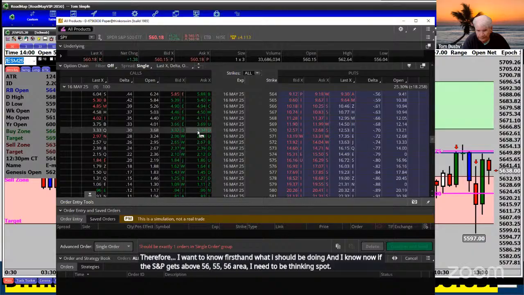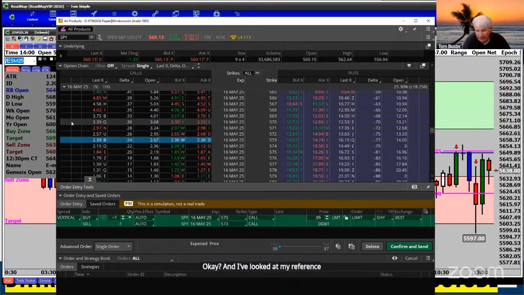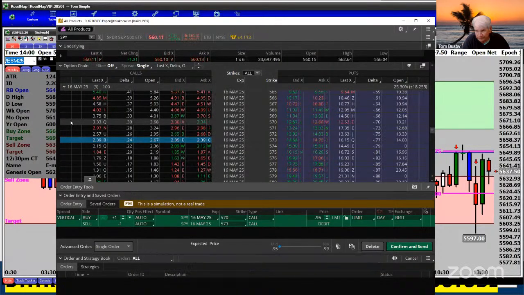Okay? And I've looked at my reference bars, and it looks like, if it clears 65, I got a trade I can hold. And I think it'd be a good trade if that happens. Again, using the E-mini.